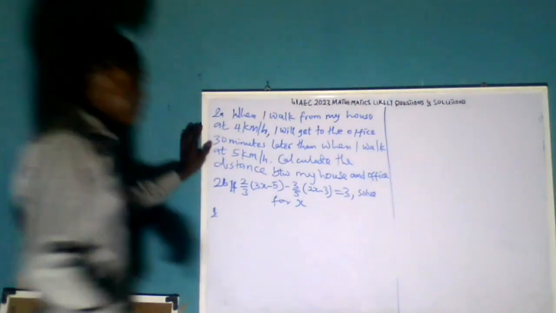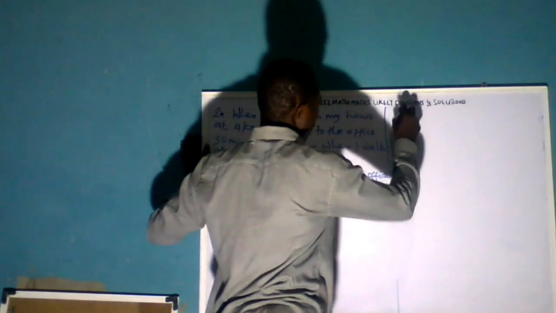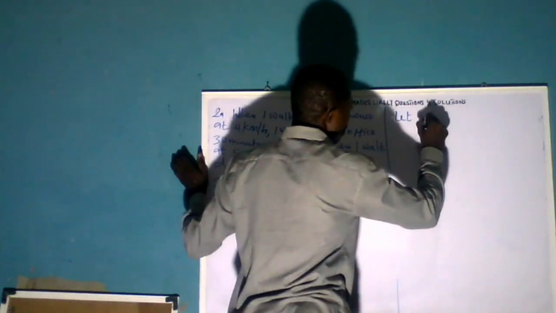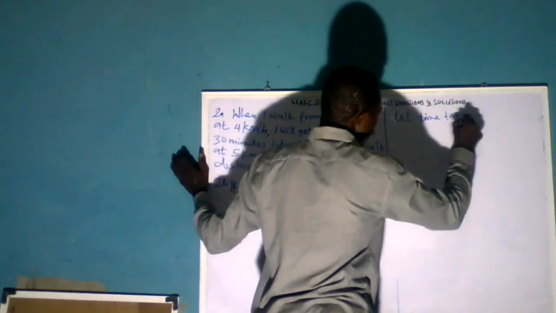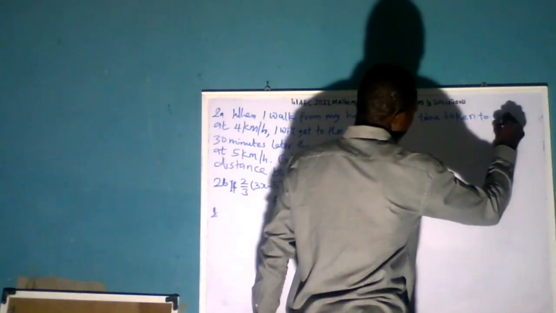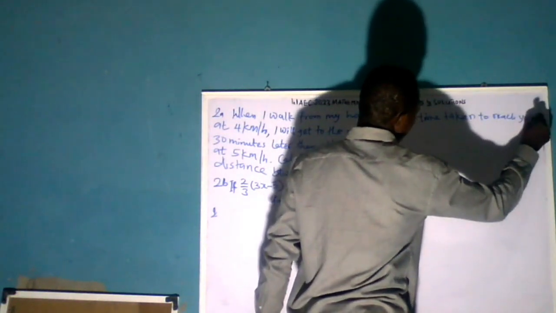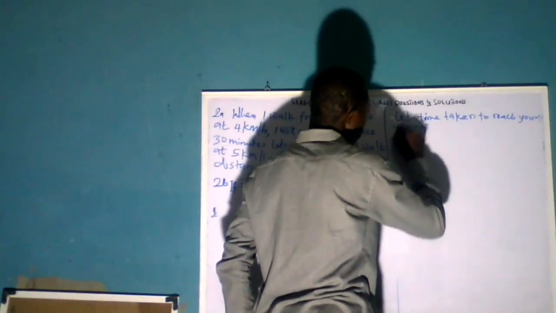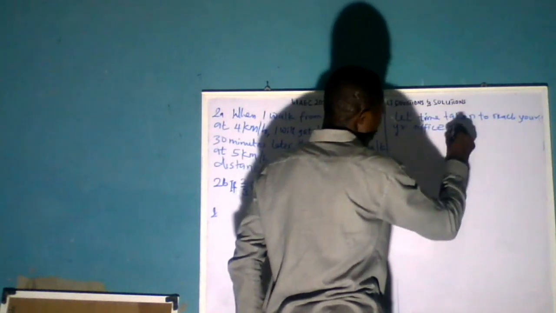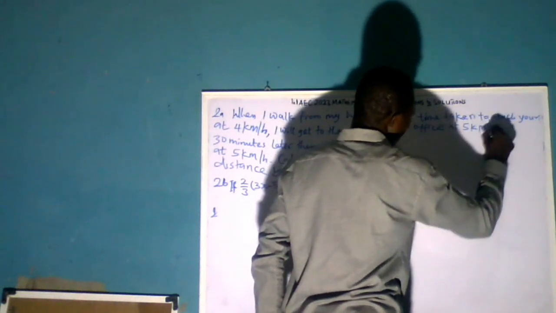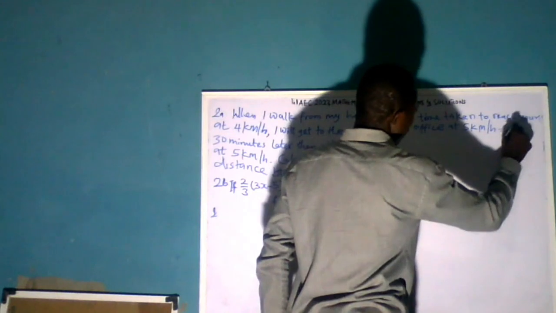By interpretation, let's say the time taken to reach your office at speed 5 km per hour equals x.